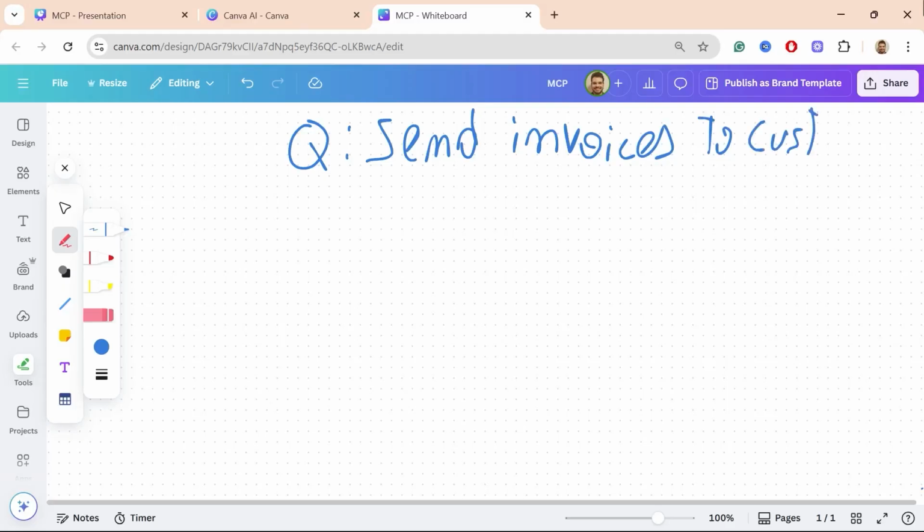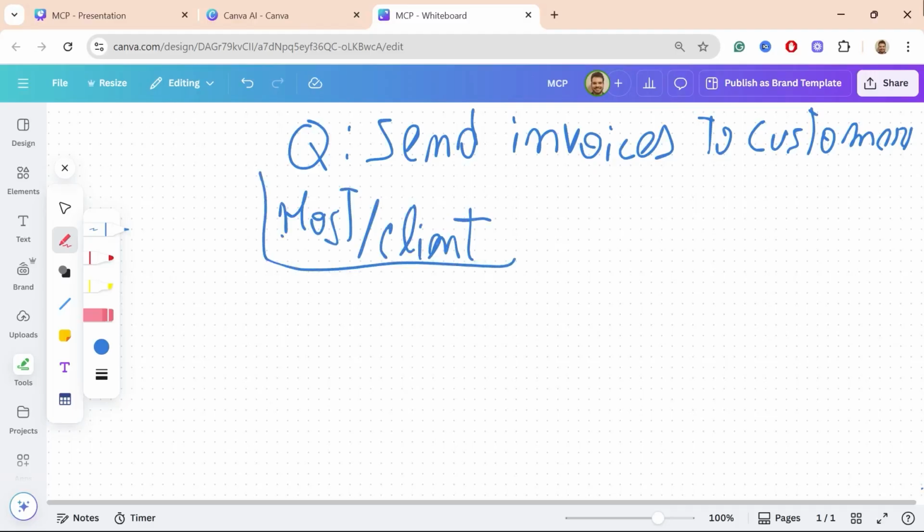This is what we want to do, something very straightforward. And here we're going to have our host/client. So this is like our AI program. We're like, hey, send invoices to the customers. And let's say that we're dealing with Stripe, right? So we have Stripe here.